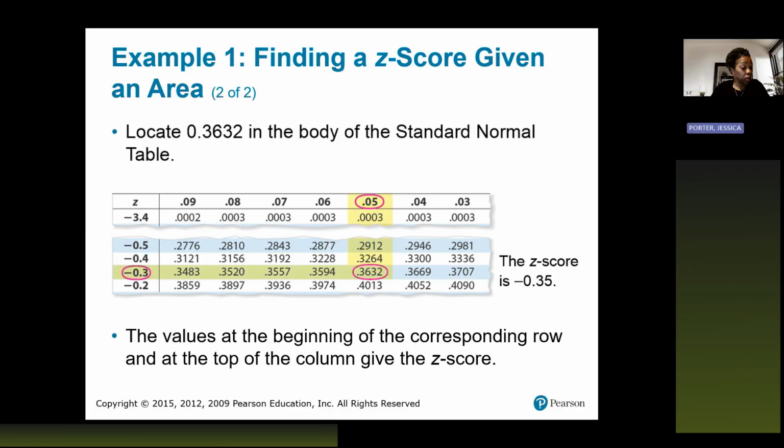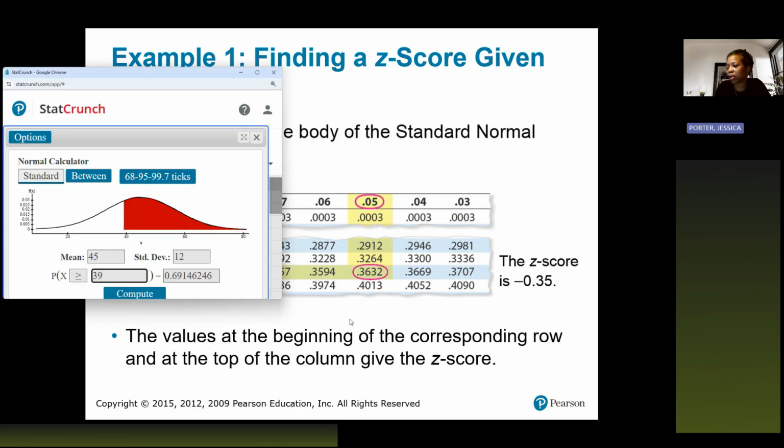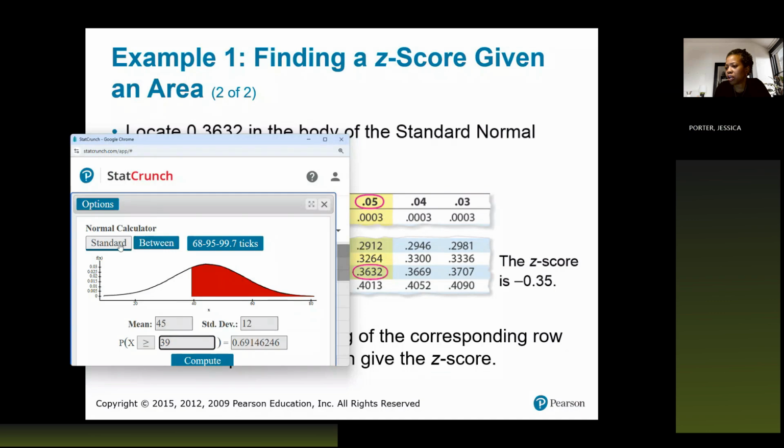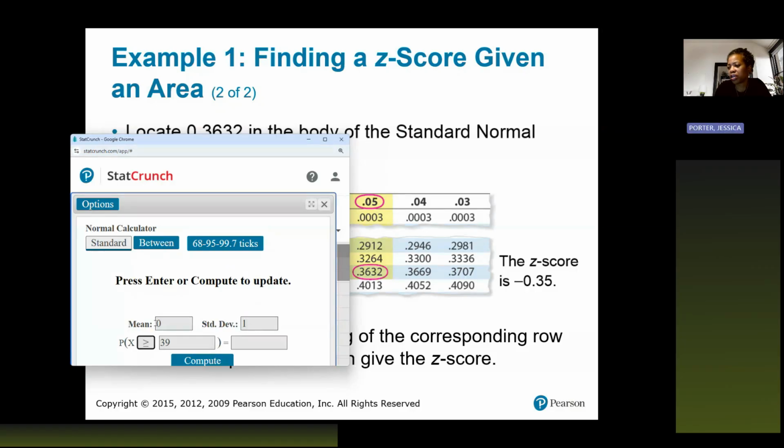Inside the table. Now, two ways to do this: in StatCrunch and in the calculator. So let's go over those. In StatCrunch, you're going to be in the same window that we were in previously. So this is standard, mean is 0, standard deviation is 1.